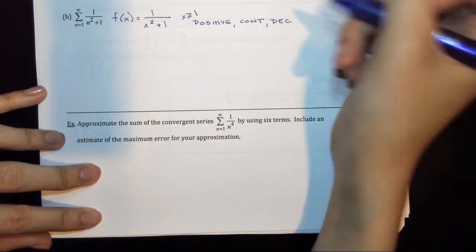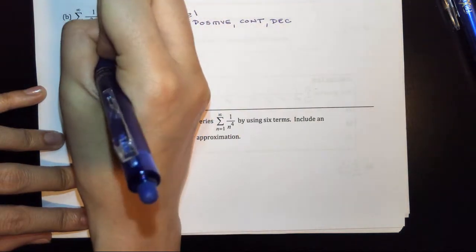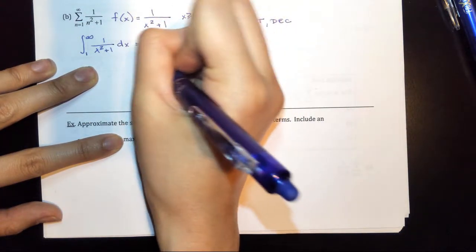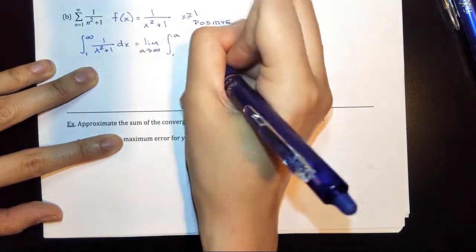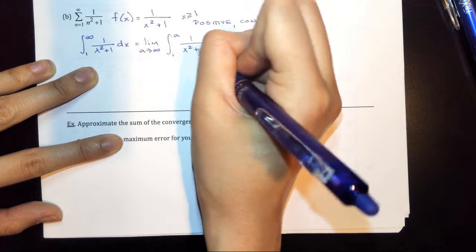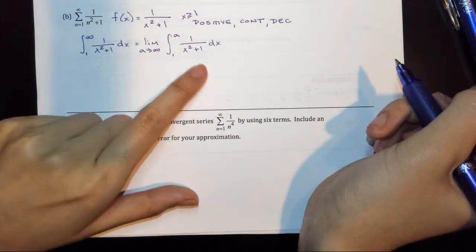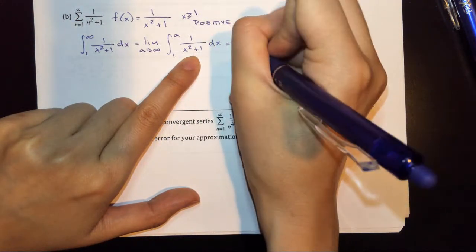So we rewrite the series as an integral using the same bounds as my series, and we rewrite it with a limit statement. And then we integrate 1 over x squared plus 1, which you should recognize is inverse tangent.